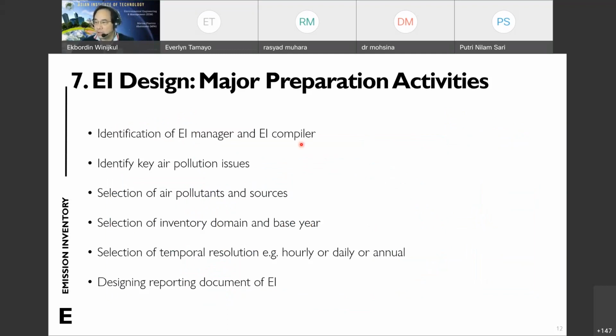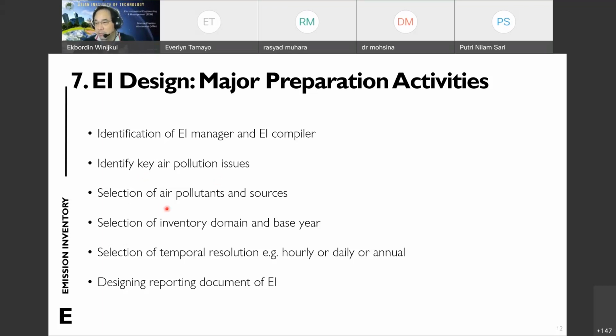After that, you need to identify the key air pollution issue that you want to use the emission inventory to answer, right? So if you want to tackle PM2.5 or particulate matter problems in the city, then this can be one of the key air pollution issues that you want to tackle. Then for the next step, from that particular issue, what are the major pollutants?